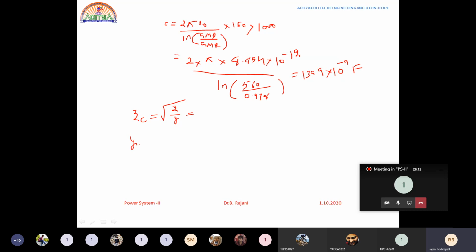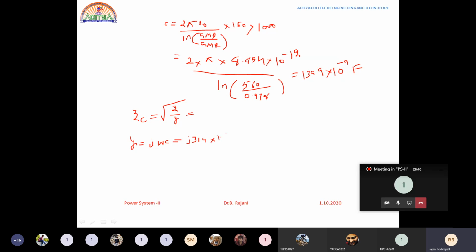Y is the admittance, which is nothing but j omega C. J omega is j into 314, 2 into pi into f. Therefore, here I will be having 1399.